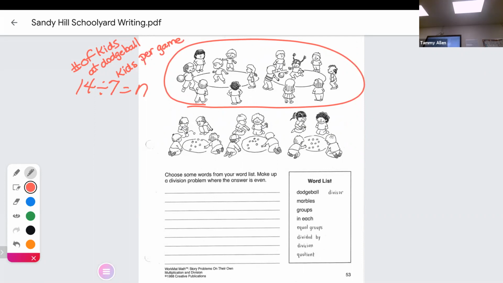What does N represent? Like how many dodgeball places there are. Is that how we would say it? How would we say it? Piper? We don't say 2 groups. What do we say? 2 equal groups.